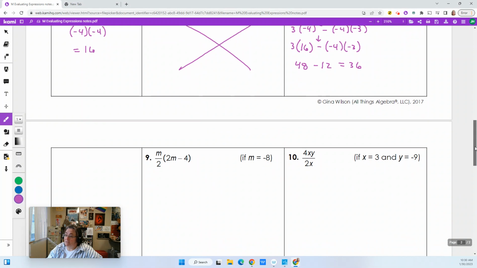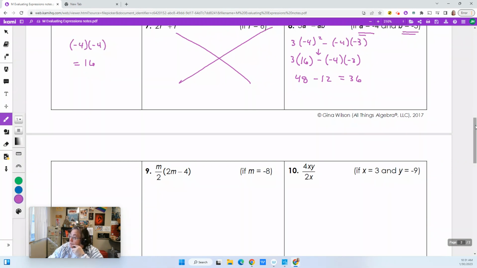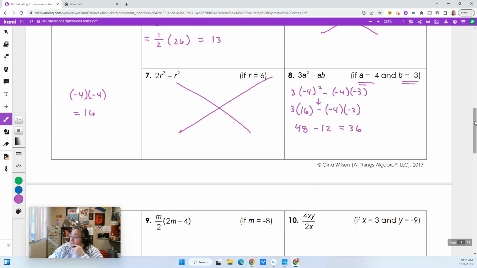I will say though that parentheses mean multiplication, right? If something's right up against a parentheses, it means you're multiplying that to it. Yes, Caitlin? Yes, because we had to multiply negative 4 times negative 4 because we squared it. That's what that square means, right?